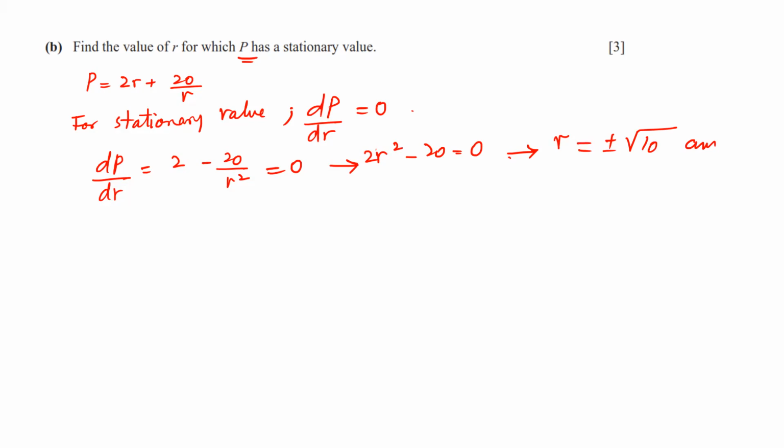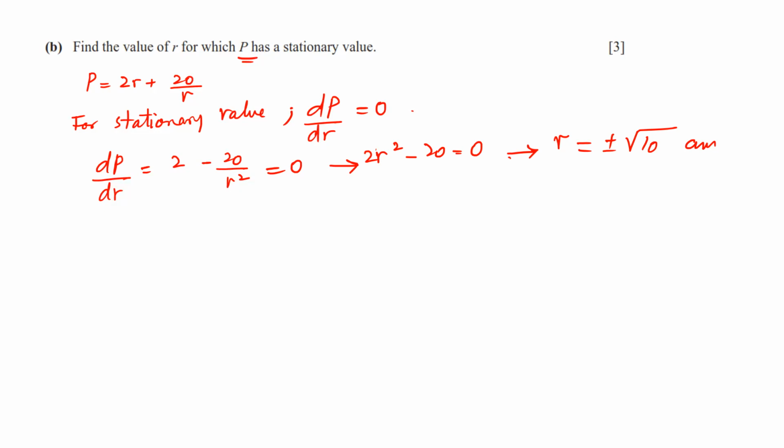So remember, if I put R equals minus root 10, let's try to calculate it. Minus root 10 is 3.162 multiplied by minus 2.